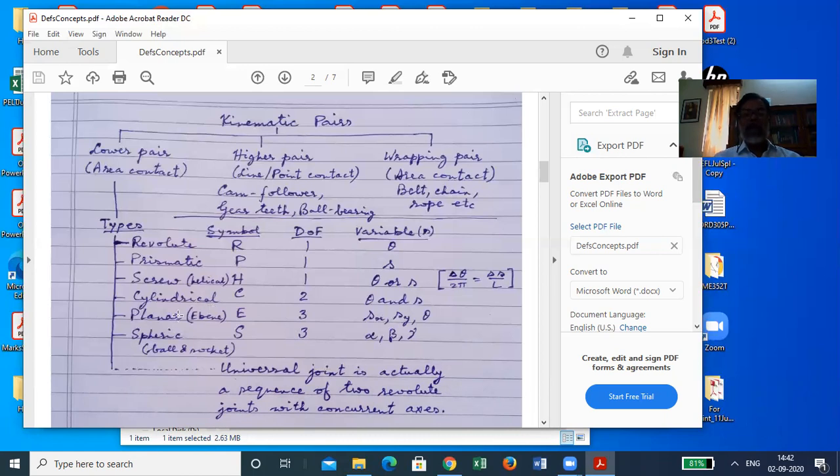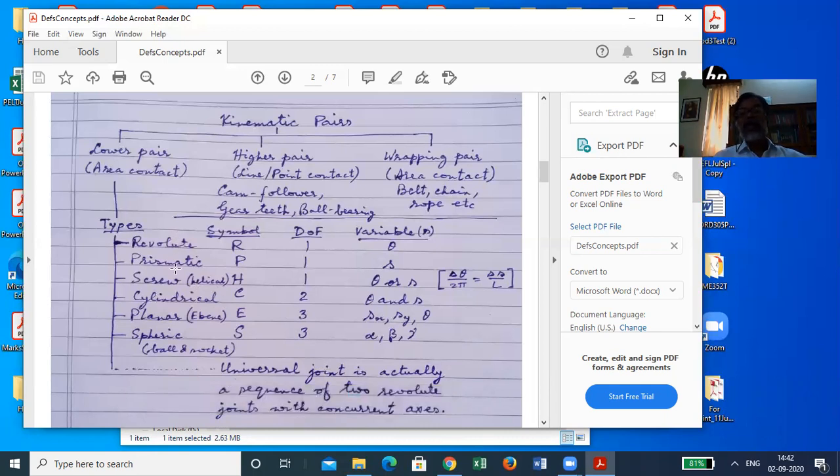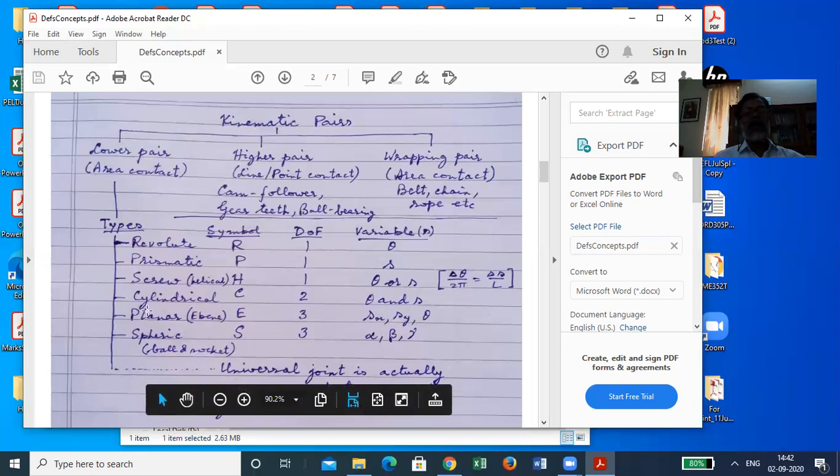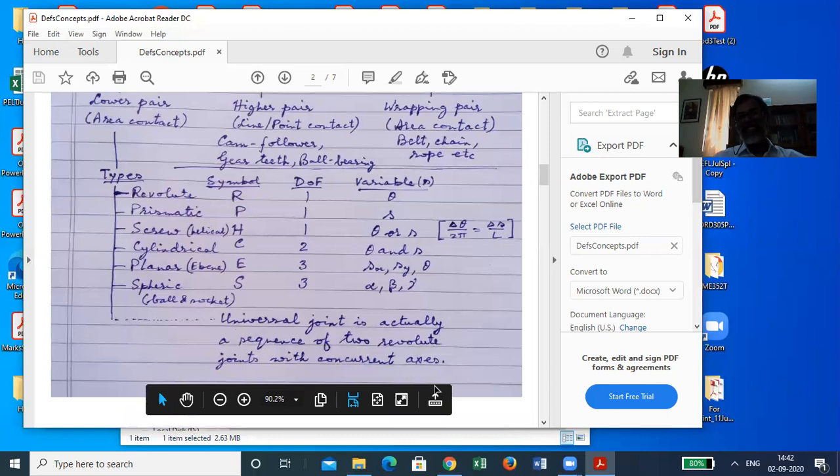Now, you saw rotary joint, sliding joint, ball and socket joint in the technical scholarly terms. You would think, where is the universal joint? It's not there. There is no corresponding word here, because a universal joint is actually a sequence of 2 revolute joints with concurrent axes.